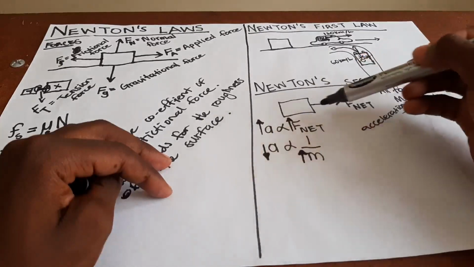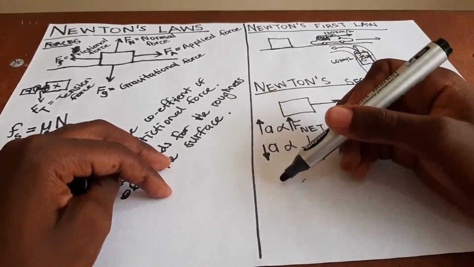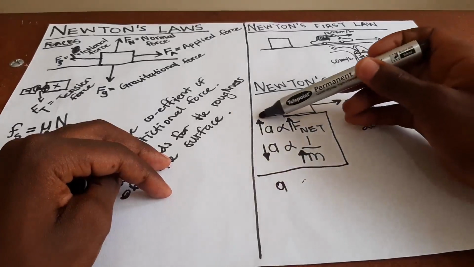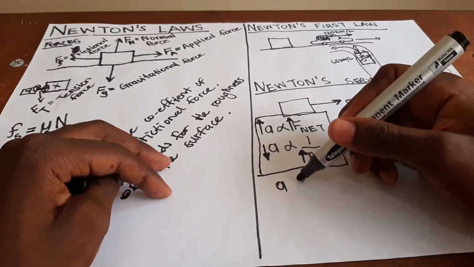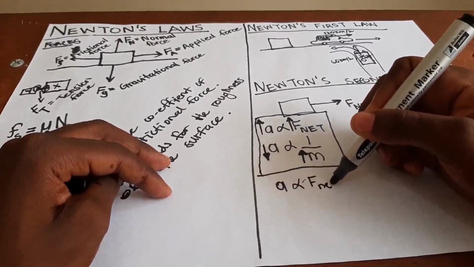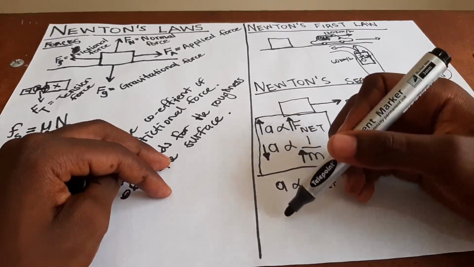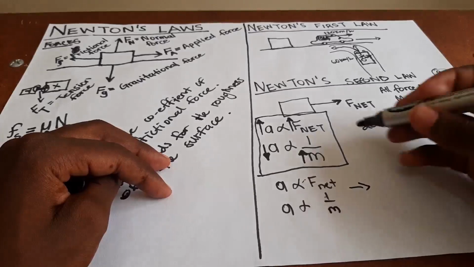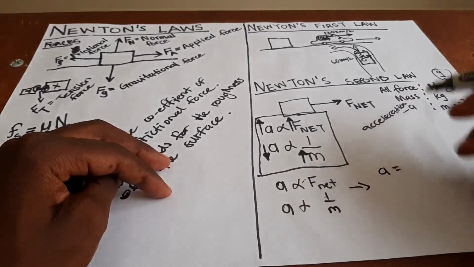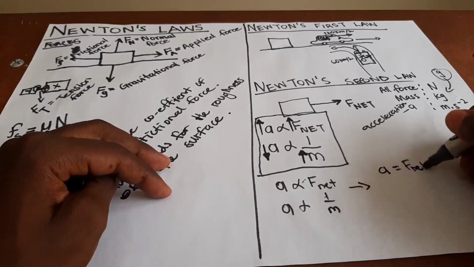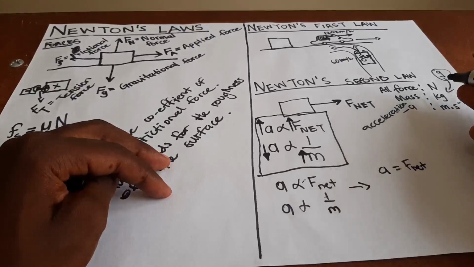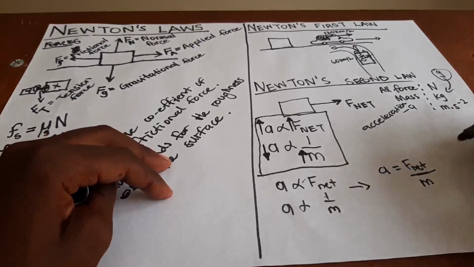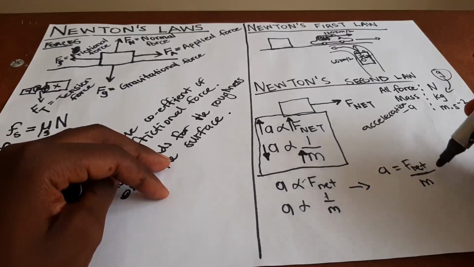If acceleration is directly proportional to the net force, and also inversely proportional to the mass of an object, this means that the acceleration is equal to the net force over the mass.